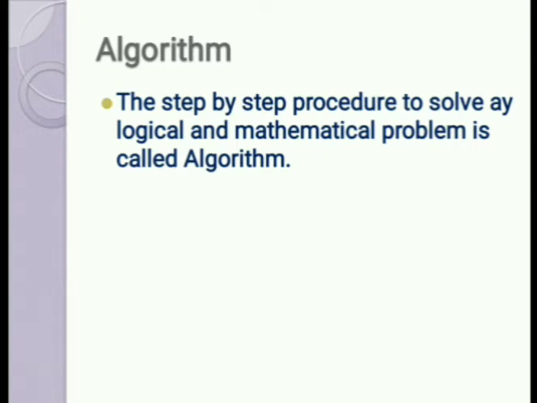So whenever a problem is given to the programmer, then the programmer has to review the problem and he has to write the step-by-step procedure to solve it. Like how you did for brushing the teeth, there are a lot of steps. So each step has to be followed in its right way. It should not be in any other way. So that step by step procedure to solve any logical and mathematical problem is called as algorithm.